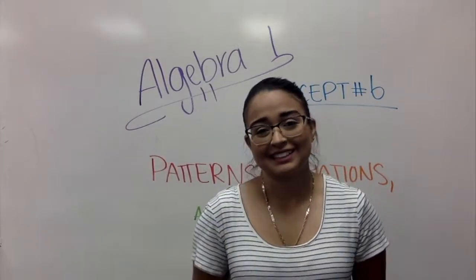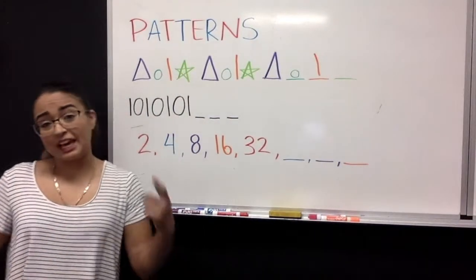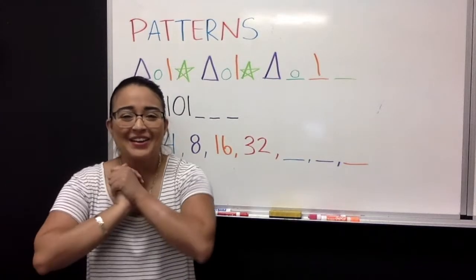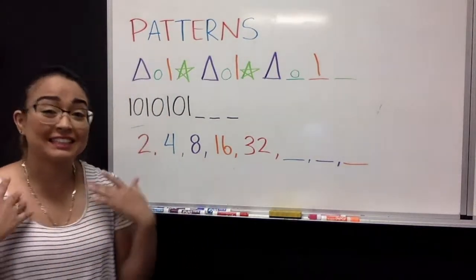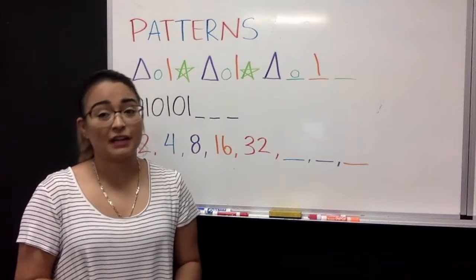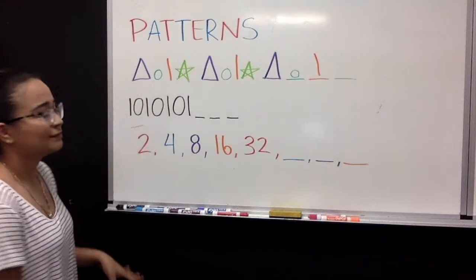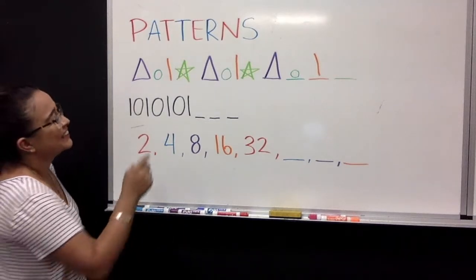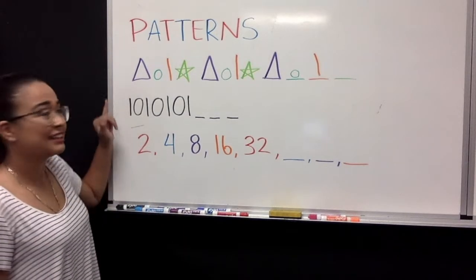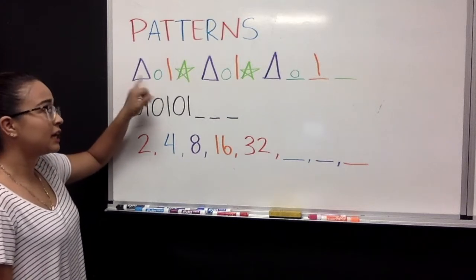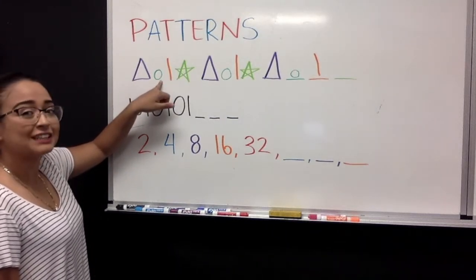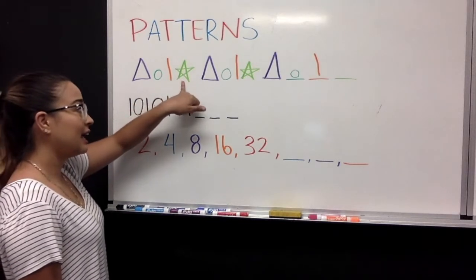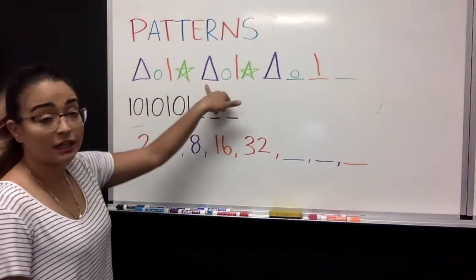Let's get started. And our main focus for today will be patterns. What we will be learning about patterns is learning how to identify patterns first off. So, let's continue. We have a pattern here, which is a purple triangle, a small green circle, an orange line, a lime green star. The pattern continues.